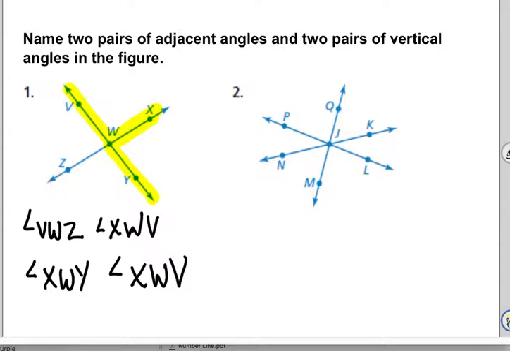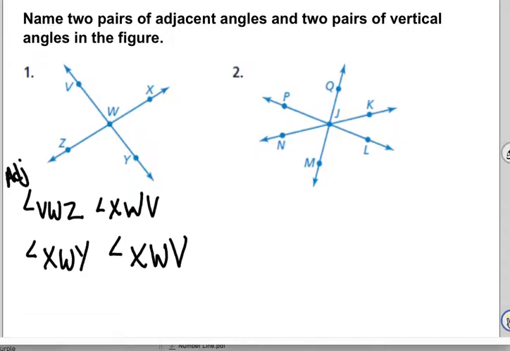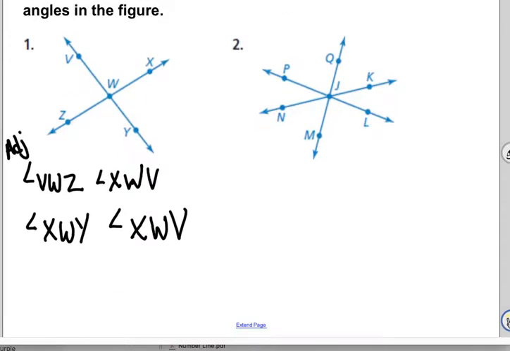Does anybody have some that you just don't know? Vertical angles, adjacent angles, you got that now? Okay, let's see if we can identify two pairs of vertical angles within that. These are adjacent. Use the same one and we're going to find the vertical. I want two pairs of vertical.